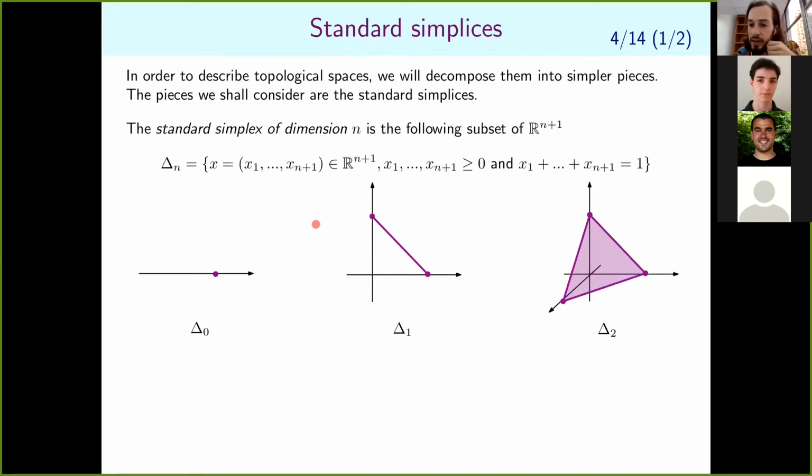If you take n equals 2, the standard simplex of dimension 2 is a triangle. You take 3 points and you fill in the triangle. Is that your question? Okay. You're welcome.